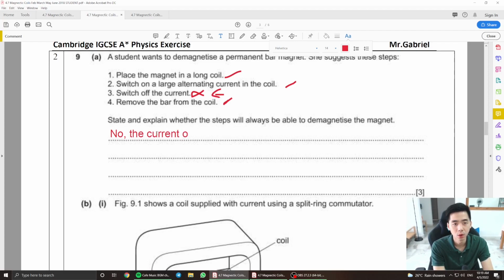The current of the coil should remain on. Maybe I'll write the full sentence.